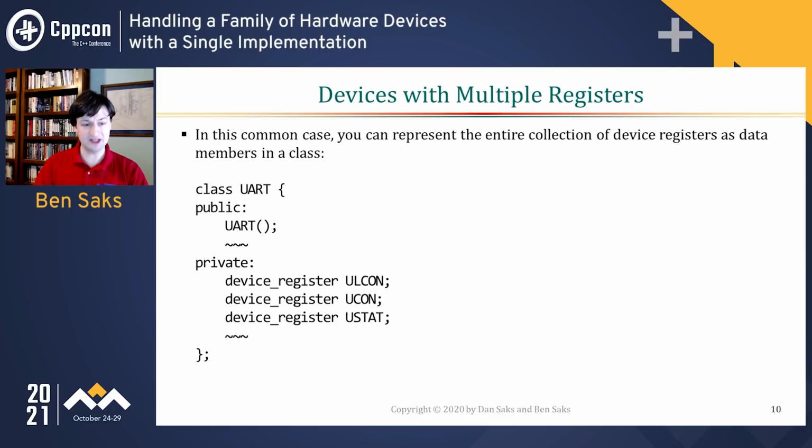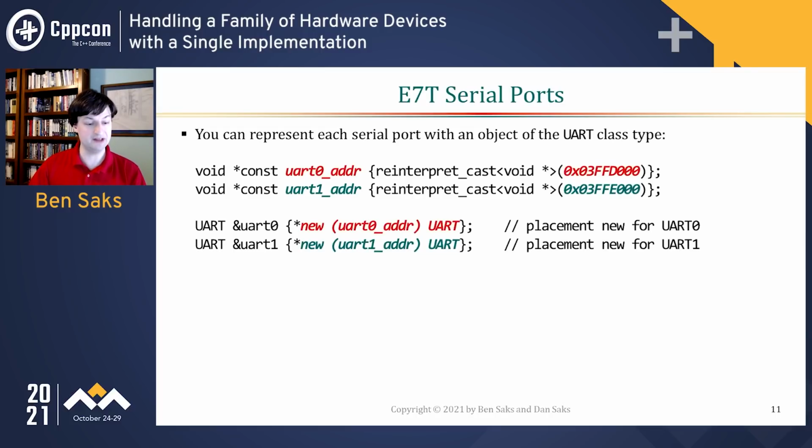So it's perfectly fine in this case if we can create a single class called UART, just another name for a serial port, that contains the data members for our different device registers and has a constructor and appropriate member functions for dealing with a serial port type object. And then we can simply create two different serial port objects, two different UARTs, one at each address that's used by a serial port. And we can use the same type to talk to both serial ports.